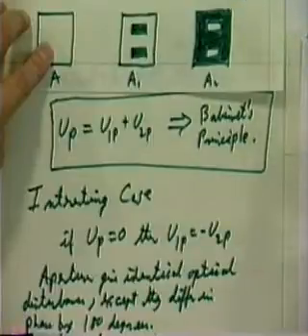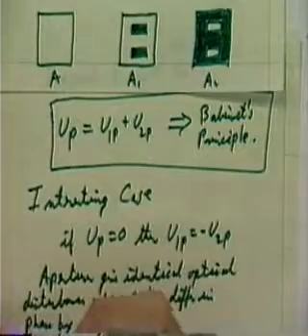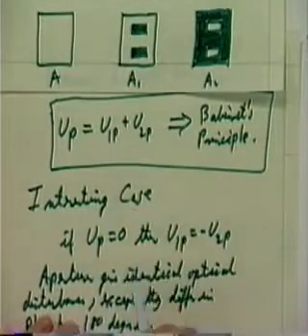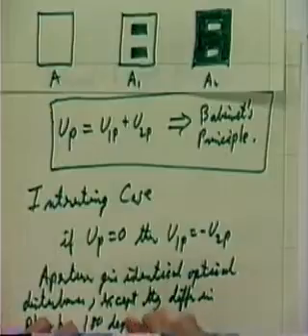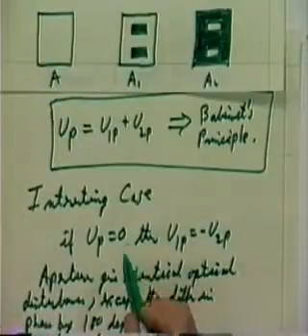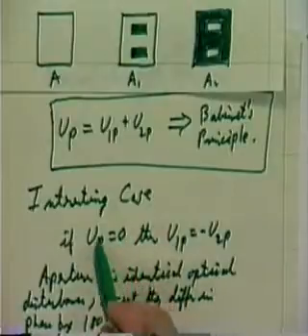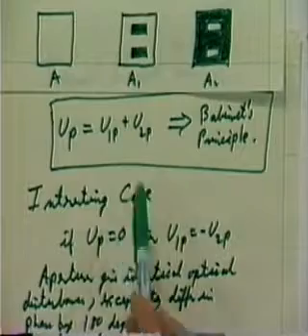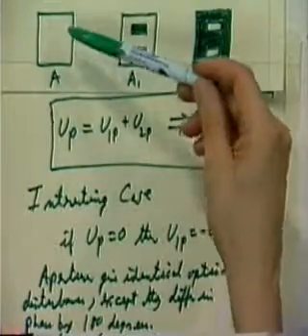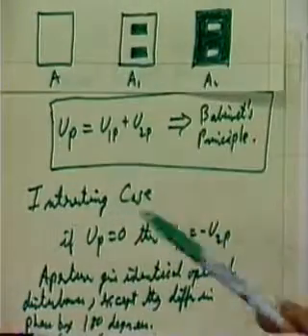Did that answer the question? This is a special case here. It only occurs at locations in the diffraction pattern where the amplitude for the disturbance produced by A is equal to 0.